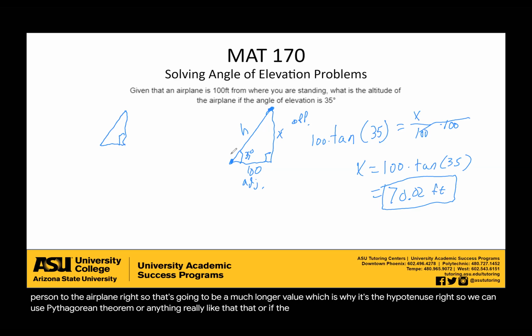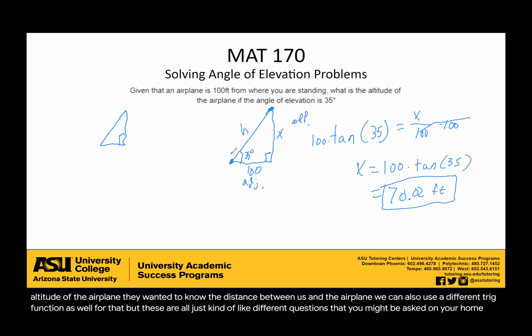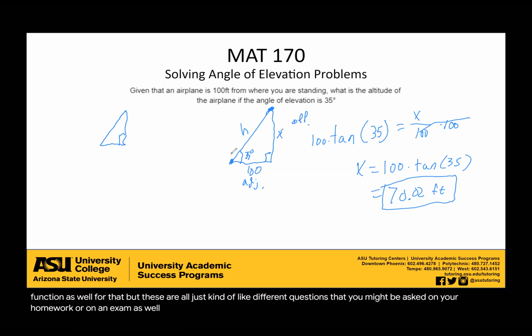Or if the question asked for the distance between us and the airplane instead of the altitude, we can also use a different trig function. These are all different questions you might be asked on your homework or on an exam. Hopefully that was able to clear some things up for you.